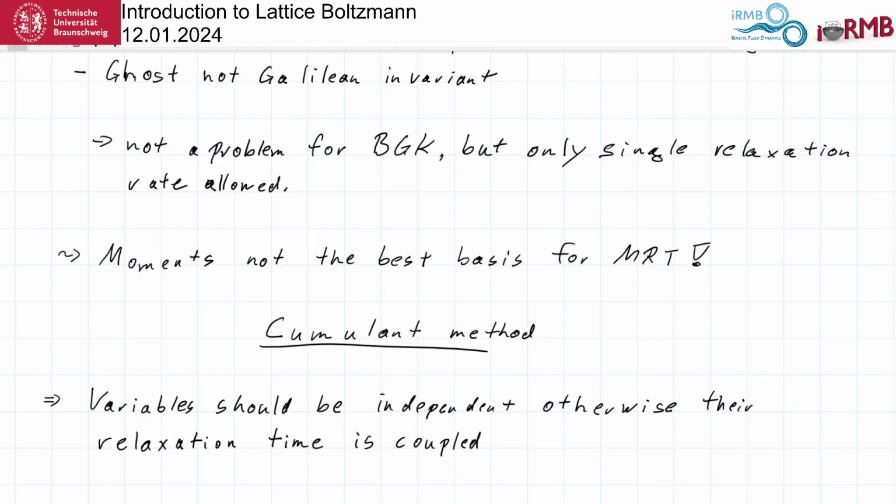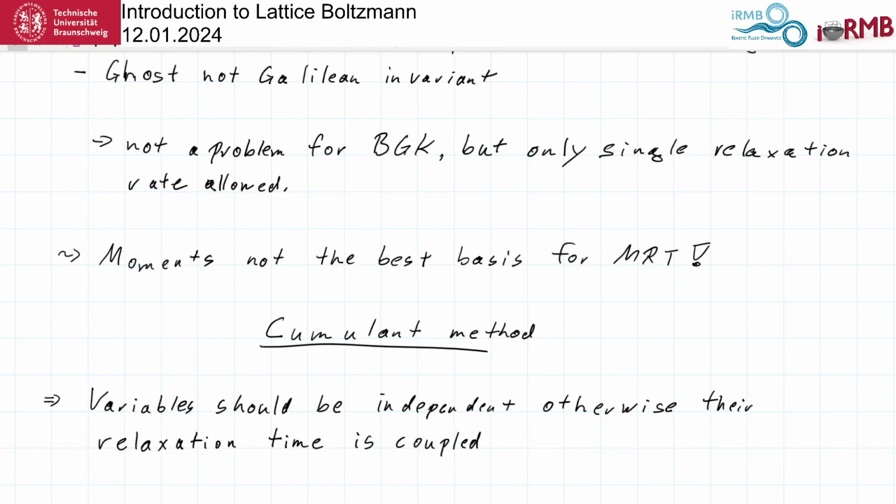So if variable A is relaxing with time scale tau, and the variable B is following this variable, then asymptotically, at least, variable B has to evolve on the same time scale.